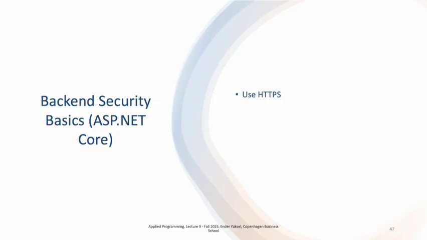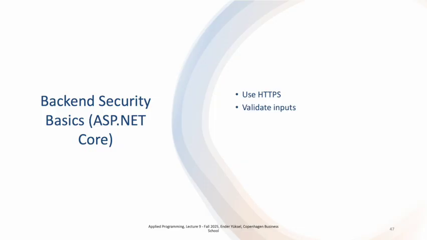This encrypts the data sent between the client, namely the browser, and the server. Without HTTPS, sensitive information like passwords or personal data can be intercepted by attackers. ASP.NET Core makes it easy to enforce HTTPS by redirecting all HTTP traffic to HTTPS using middleware.